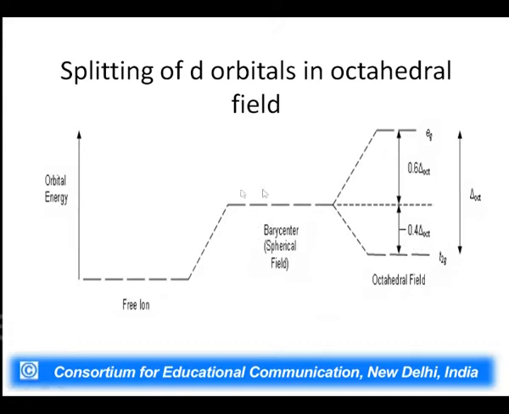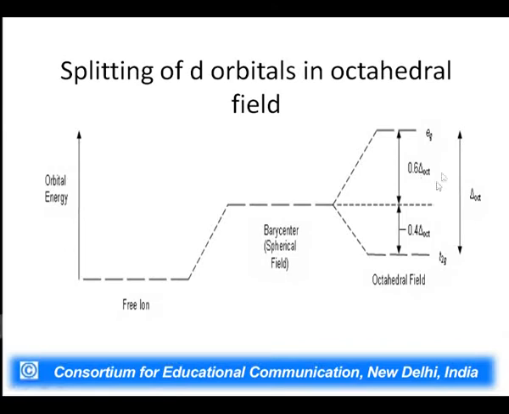Now we know there are 5 d orbitals. They are already in a higher energy state than the free ion under the influence of a crystal field. And when we examine whether the average energy increase is the same for all the 5 d orbitals, we have already learned that no, you have two different sets of orbitals. One is called the T2g set of orbitals, which from the barycenter is stabilized by 0.4 del octahedral in the octahedral field, and of course 0.6 is the destabilization.